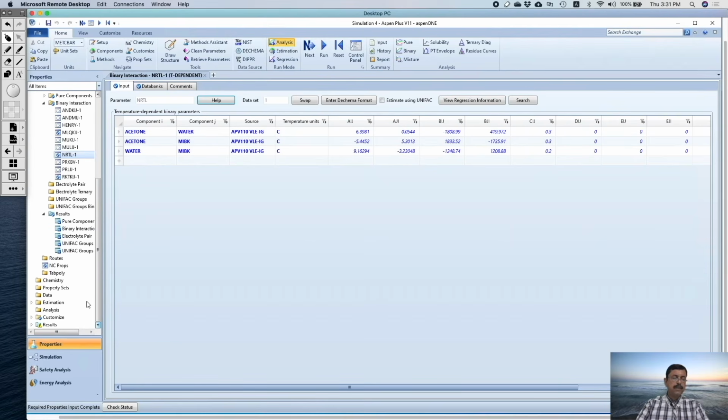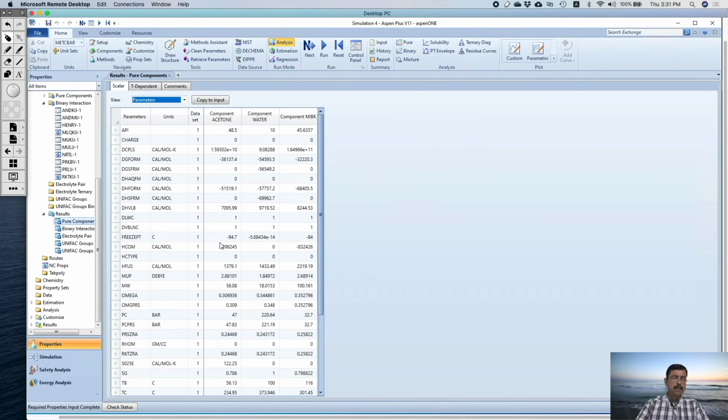And if you want to see the results, here you will find the pure component results. So the freezing point of water, you know, this is the freezing point. It is 0 degree centigrade. Unit is C. So e to the power minus 14.